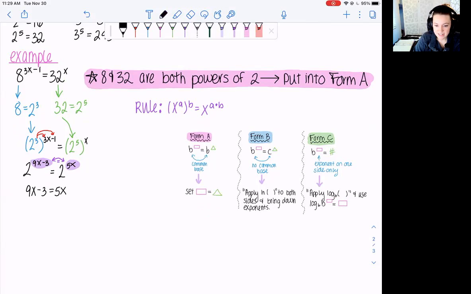I can subtract 9x on both sides, and I get negative 3 is equal to 5 minus 9, which is negative 4. Dividing both sides by negative 4, I get 3/4 is equal to x.